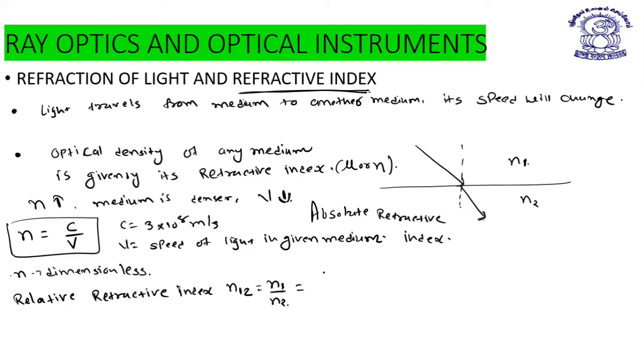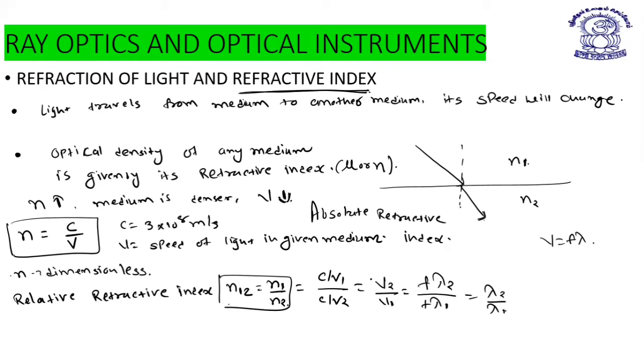We can write n1 as c upon v1 and n2 as c upon v2. So n1 by n2 will be equal to v2 by v1. v is f lambda. Medium to medium, the frequency of light will not change. So v2 can be written as f lambda 2 and v1 as f lambda 1. So this will give us the ratio lambda 2 by lambda 1. So n12 is n1 by n2 or v2 by v1 or lambda 2 by lambda 1.